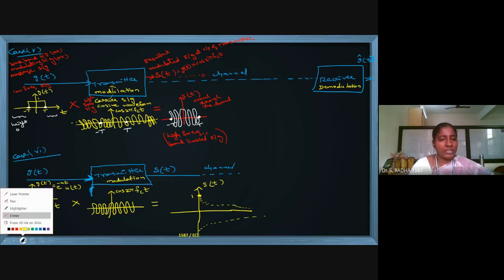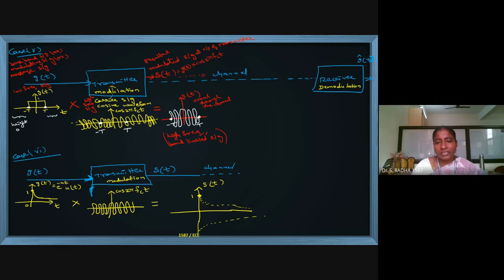This is the outer picture I have drawn. Now I draw the cosine waveform inside this outer shape. The shape is similar to the baseband message signal. Inside the shape, the high frequency carrier wave will be present. So the outer is similar to the exponential signal, and this is the high frequency modulated signal.